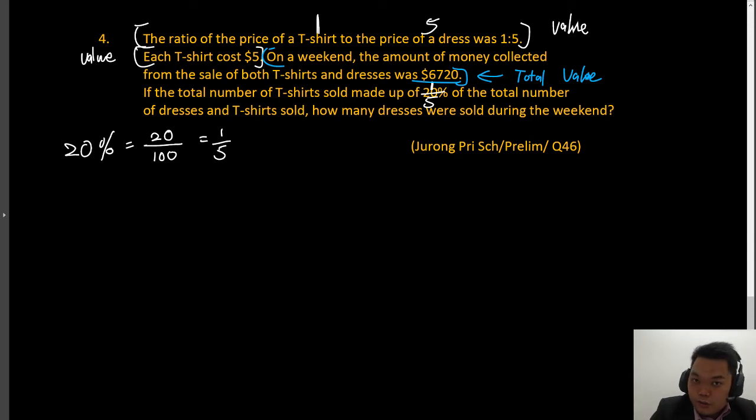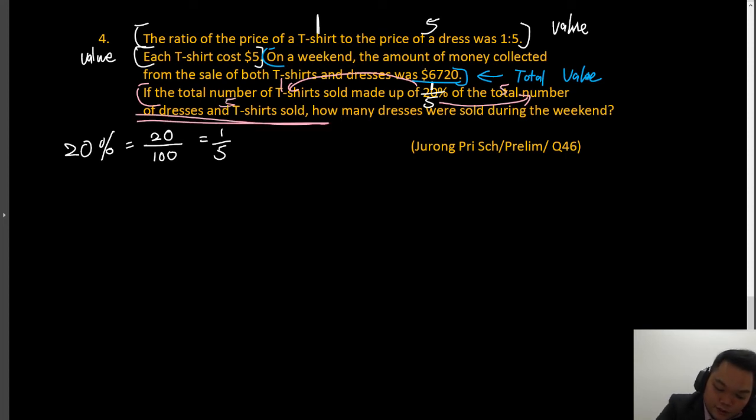This is the total value. And finally, if the total number of t-shirts sold is 1 out of 5 of the total number of dresses and t-shirts sold. So this is where it gets a bit tricky. How many dresses were sold during the weekend?